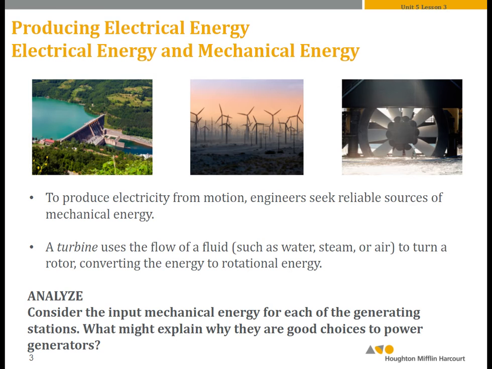When you put a generator in the path of a naturally occurring motion, then you can find some pretty predictable and uniform motion. Here we see three examples. The first example shows a hydroelectric plant. Hydroelectric plants are frequently incorporated into dams.